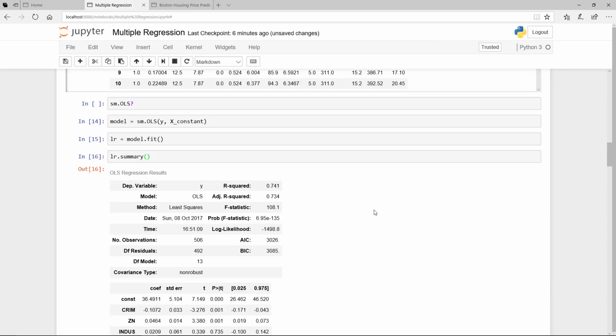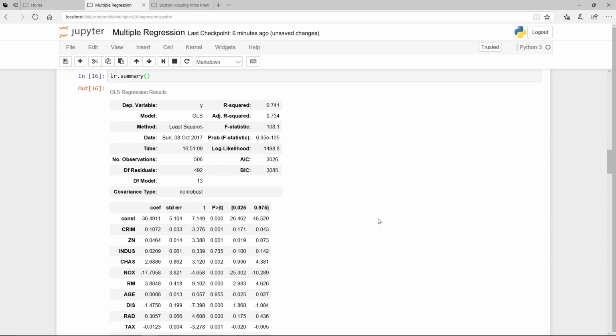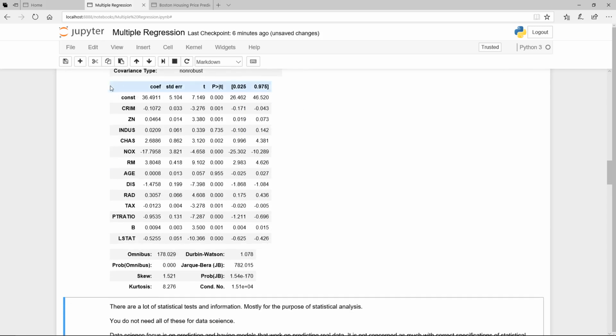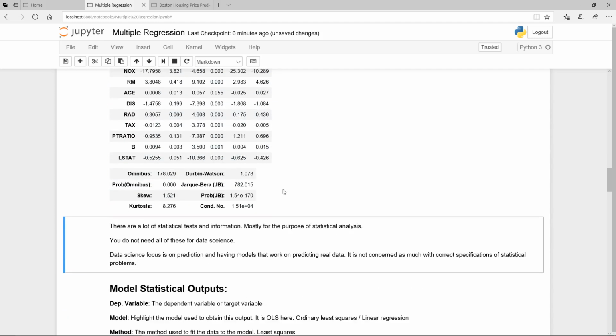Once you run this, notice that there is a lot of information generated. This is pretty typical of statsmodels, where you have the ordinary least squares regression results here, and then you have the coefficient estimates along this line, the standard error, the t-test, the p-value, and some more residual stats.